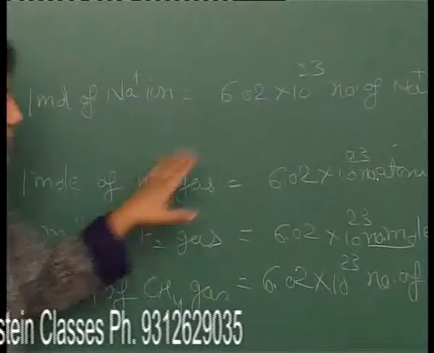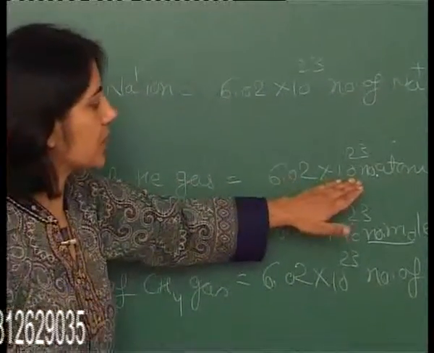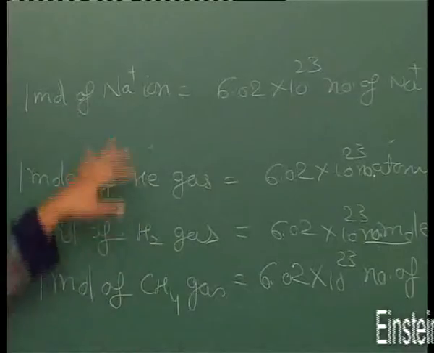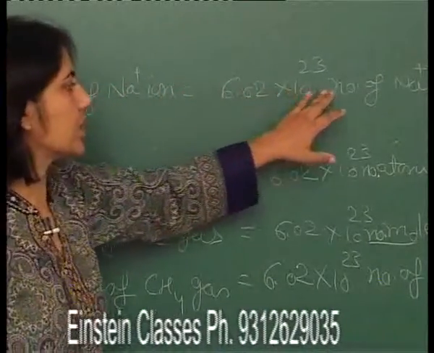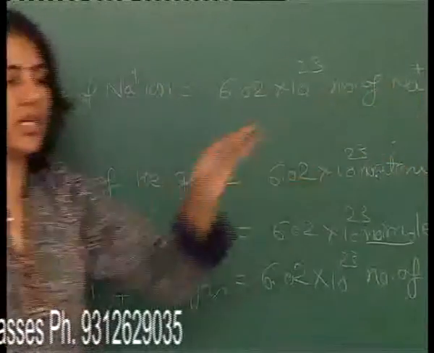If that substance is an atom, 6.02 × 10^23 atoms would be there. If that substance is an ion, 6.02 × 10^23 ions would be there.